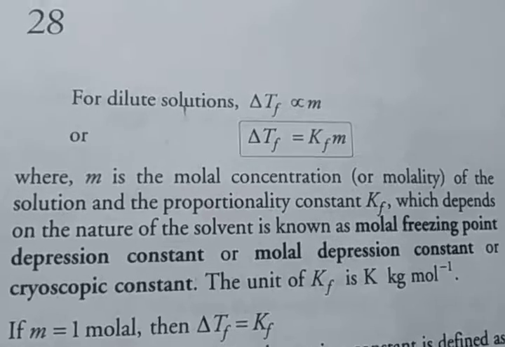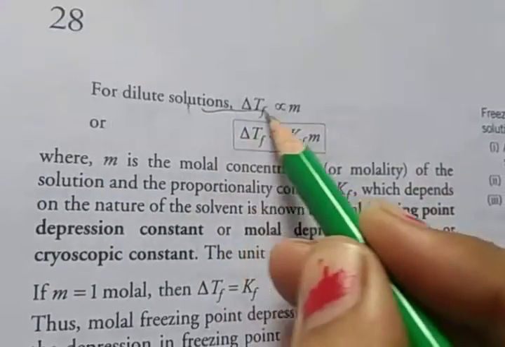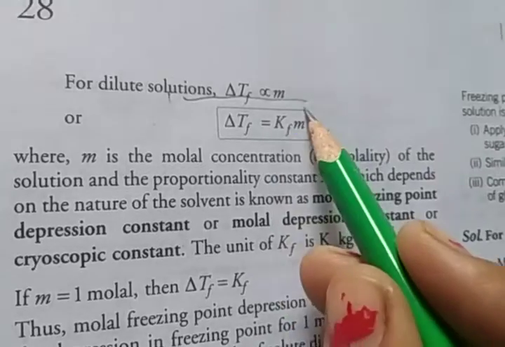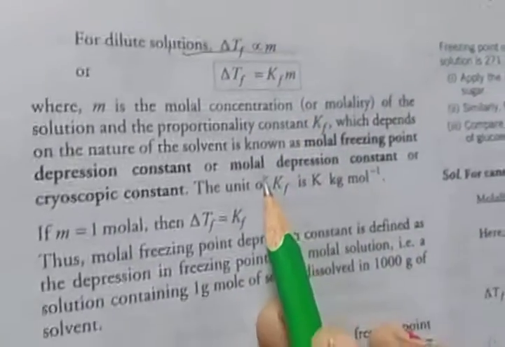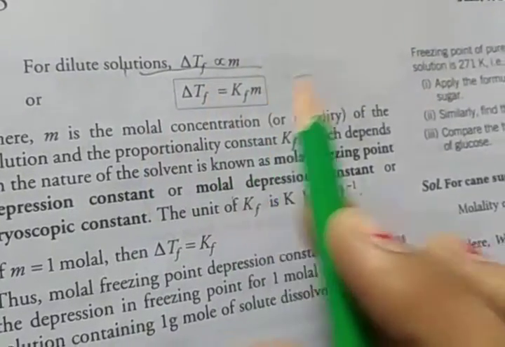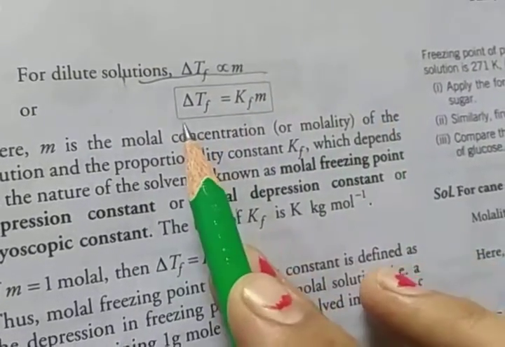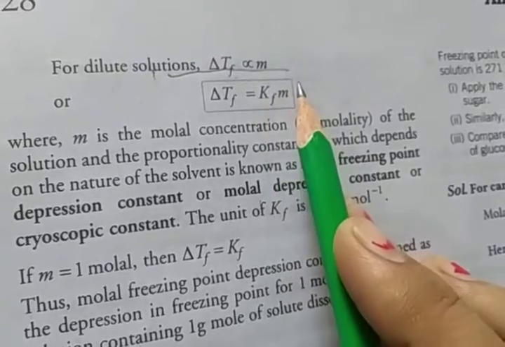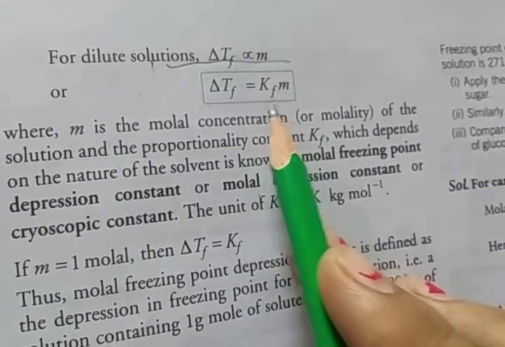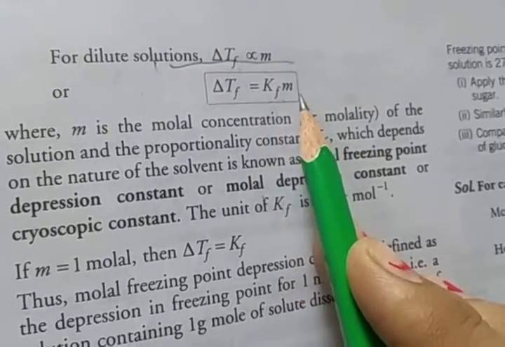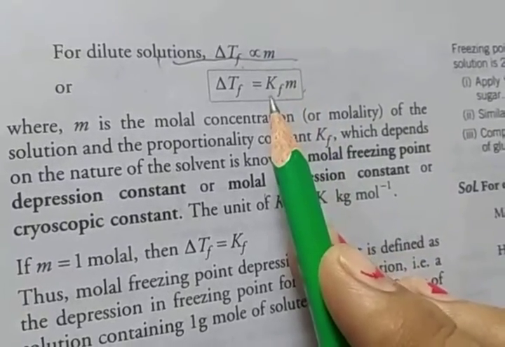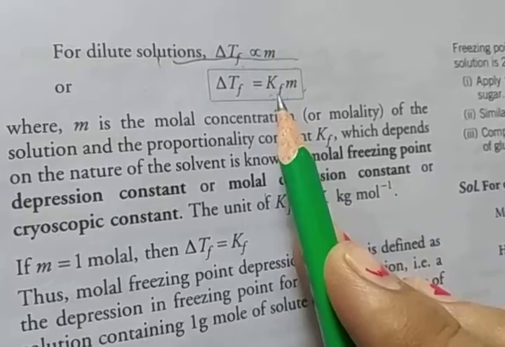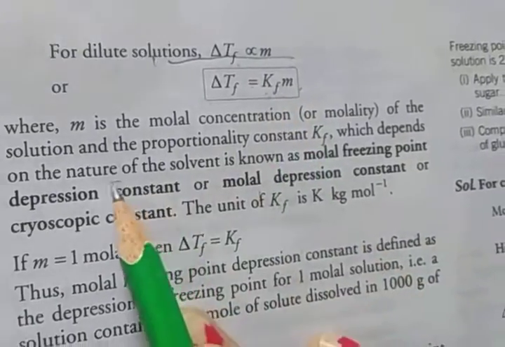Clear? For a dilute solution, delta Tf is directly proportional to the molality, same as the colligative property elevation in the boiling point, where delta Tb is directly proportional to m. Here delta Tf is directly proportional to molality, so removing the proportionality sign, delta Tf equals Kf into m, where m is the molality of the solution and Kf is the proportionality constant, which depends on the nature of the solvent.